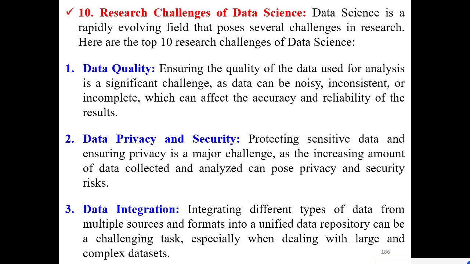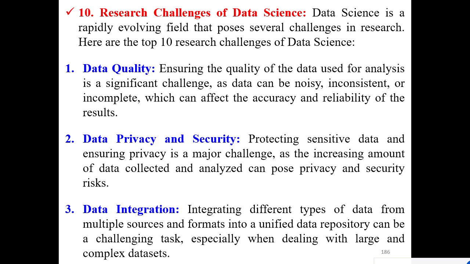That is called data quality. Data privacy and security is one more challenge of data science. Protecting sensitive data and ensuring privacy is a major challenge, as the increasing amount of data collected and analyzed can pose privacy and security risks.